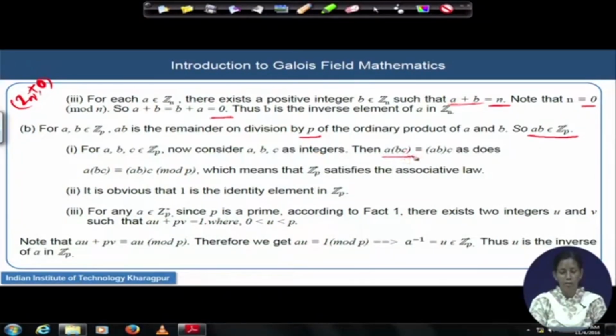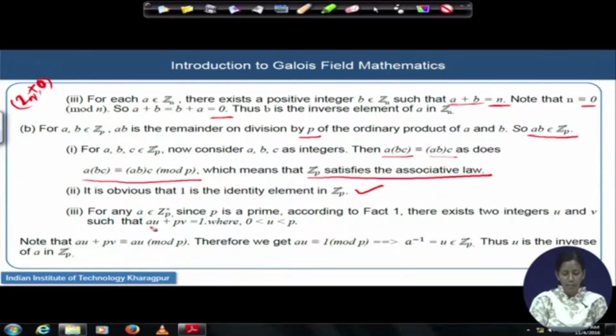Then A into B, C should be equal to A, B into C, and going by the same logic, after the modulo p operation they all belong to the same set, and hence it satisfies the associative law. It is obvious that 1 is the identity element because it is a product. So, wherever you go, 1 will be the identity element for this whole set.